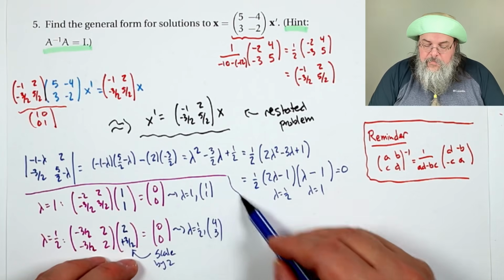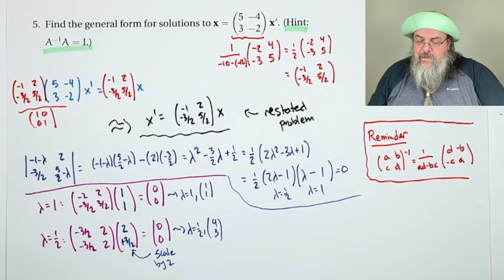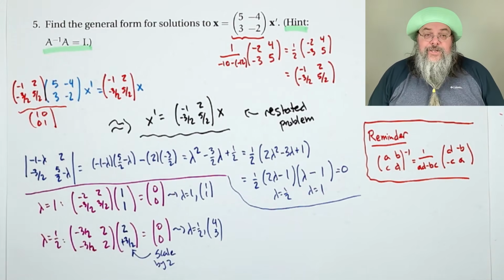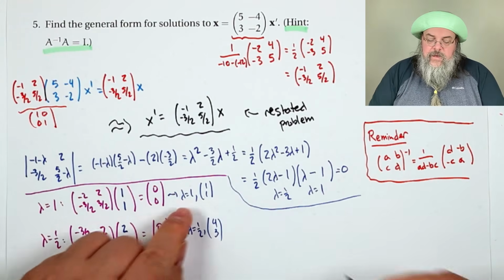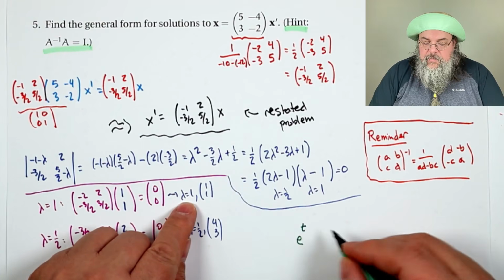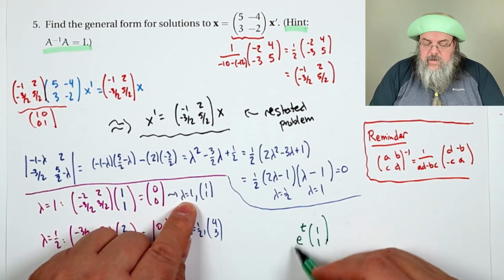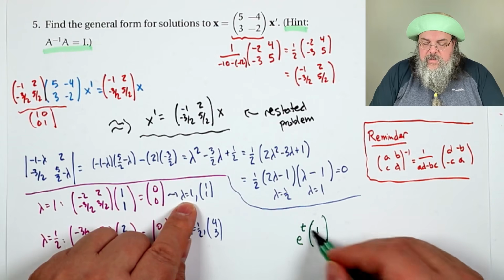Now, what do we have? Well, each one of these gives us a solution. So for the value of 1, we get the solution e to the 1 times t, 1, 1. Right? E to the eigenvalue t times eigenvector.